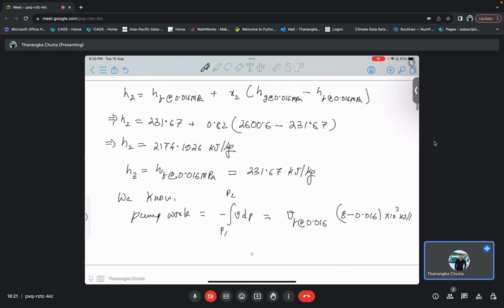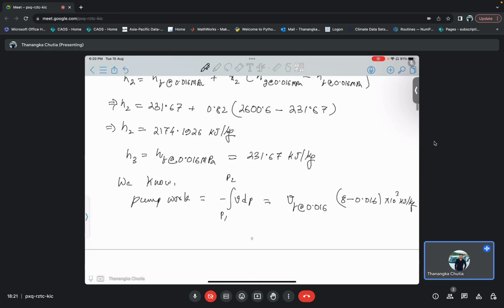kilojoule per kg. Why? Because the specific volume of a liquid doesn't change too much even if you change the pressure. So from 0.016 to 8 megapascal, if you look at the VF value, it won't change too much.